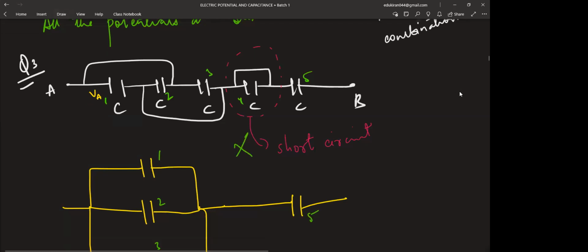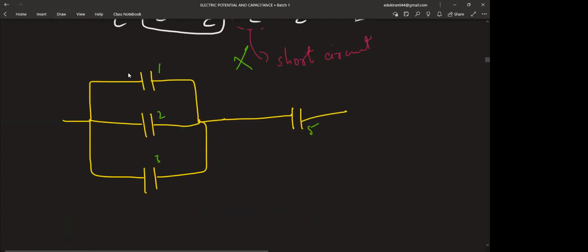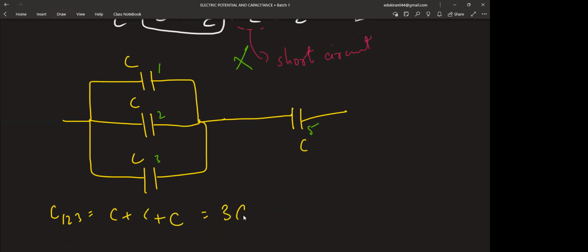Now look class, the capacitance of all these is C. Now you can at least solve this. See, they are connected in parallel. So C123 will be C plus C plus C, which is equal to 3C. And then finally, the C123 combination and C5 are connected in series.